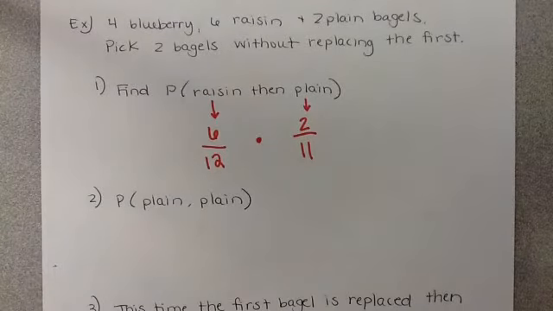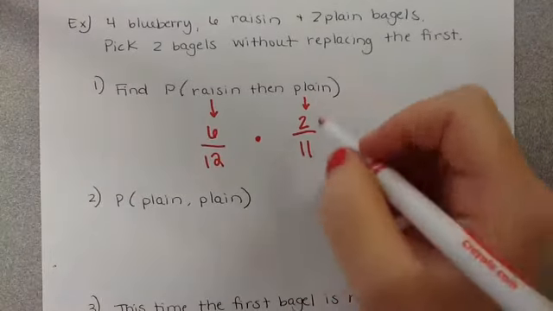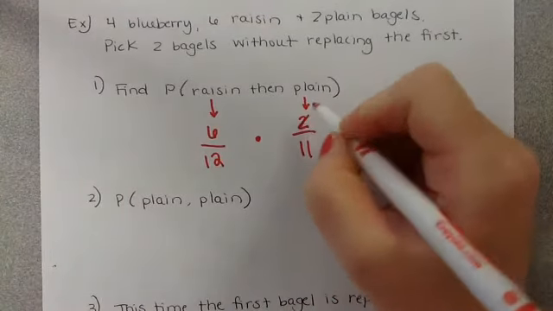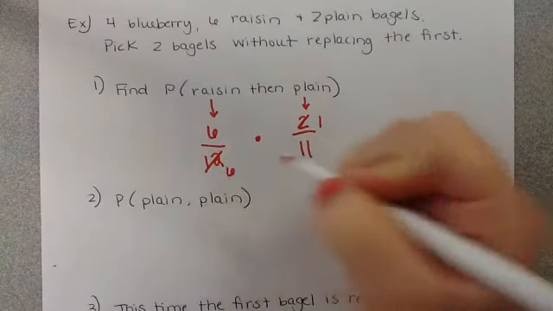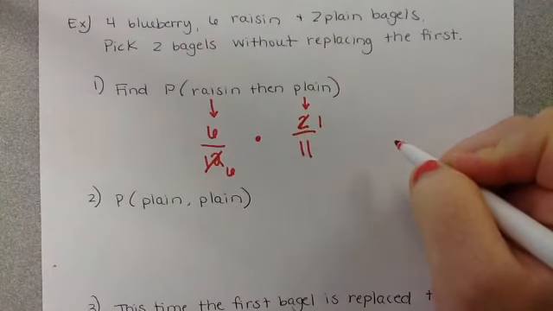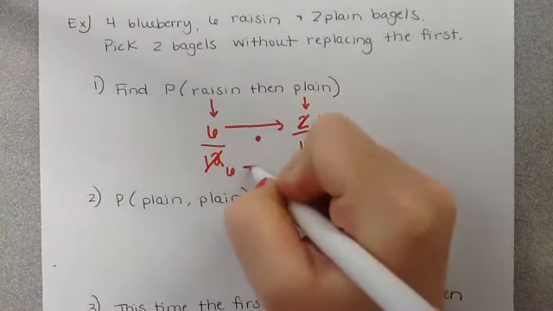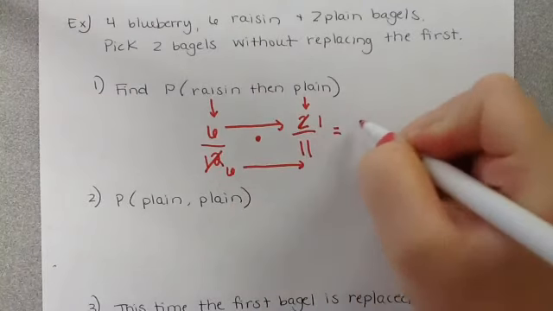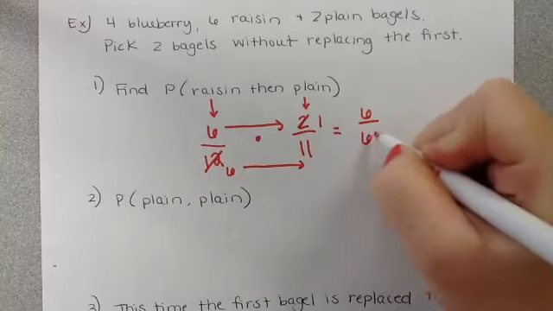Which diagonal can we simplify? The 2 and the 12. What can I divide 2 and 12 both by? Divide by 2 is 1. Divide by 2 is 6. Now how do I multiply fractions? Straight across the top, straight across the bottom. We get 6 over 66.